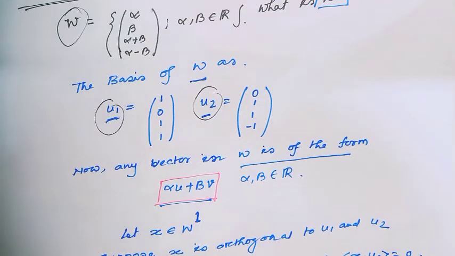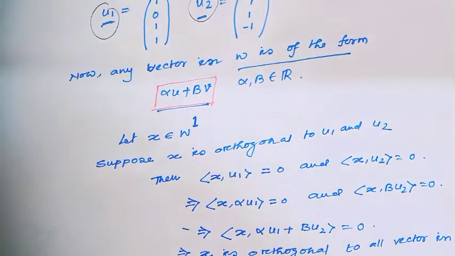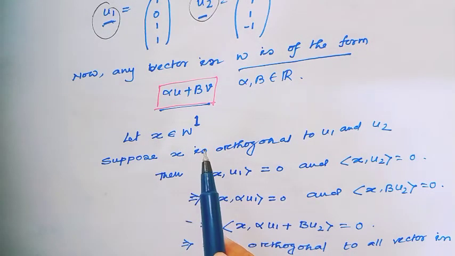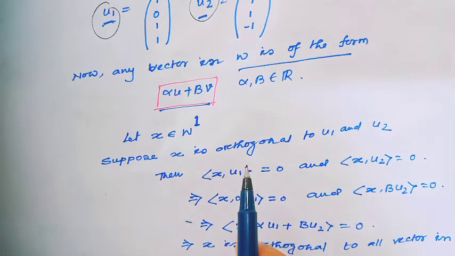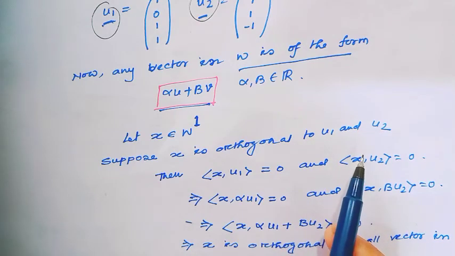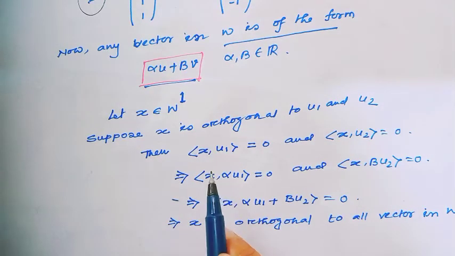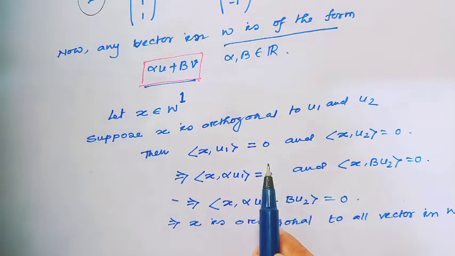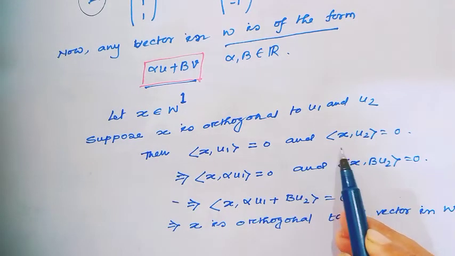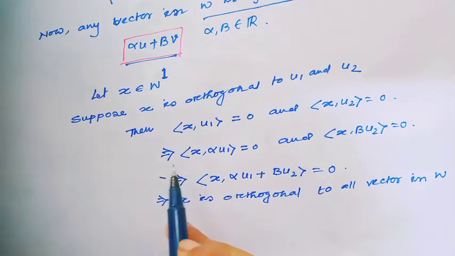Now I will see the basis of W perp. What is the basis of W perp and what is the actual W perp? At first we have to find W perp. Consider X belongs to W perp. Suppose X is orthogonal to U1 and U2. That means by definition, inner product of X with U1 equals 0 and inner product of X with U2 equals 0.